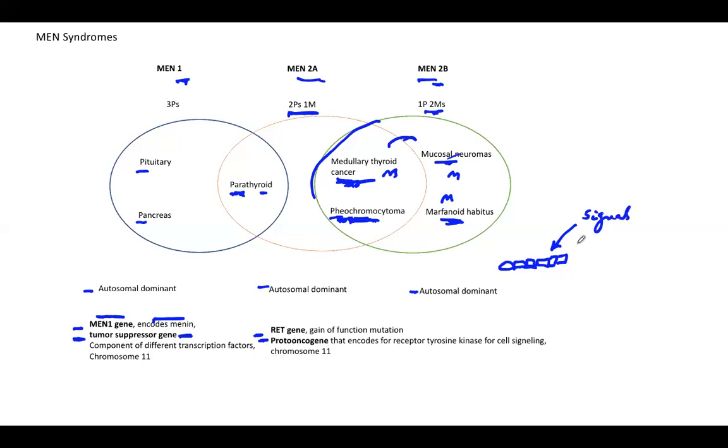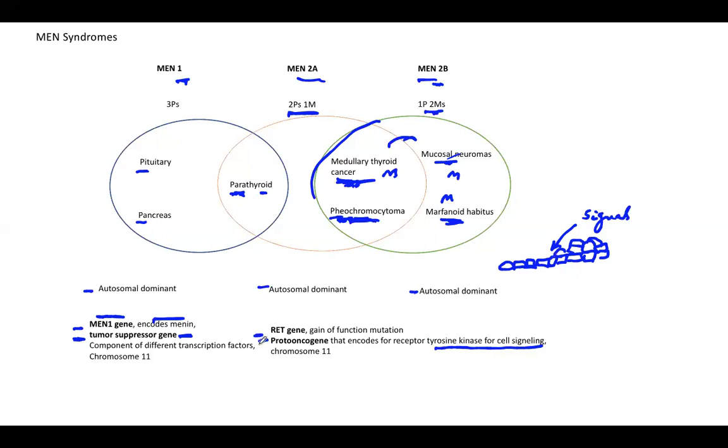When these genes are defective, they lose their capacity to control this growth, and they just keep growing even when there is no growth signal, like there is no tyrosine kinase signal. They keep resulting in excessive cell growth.